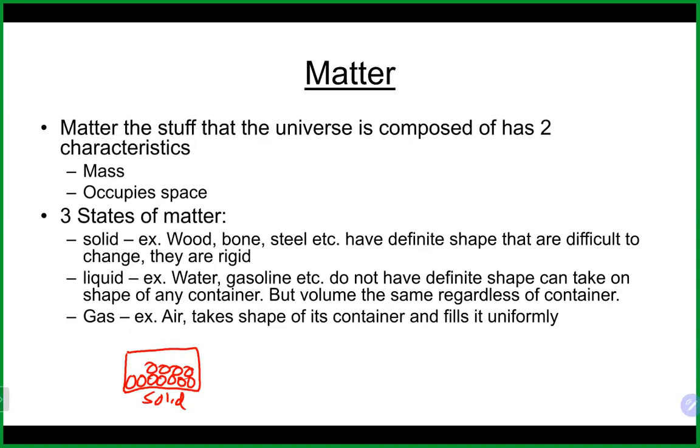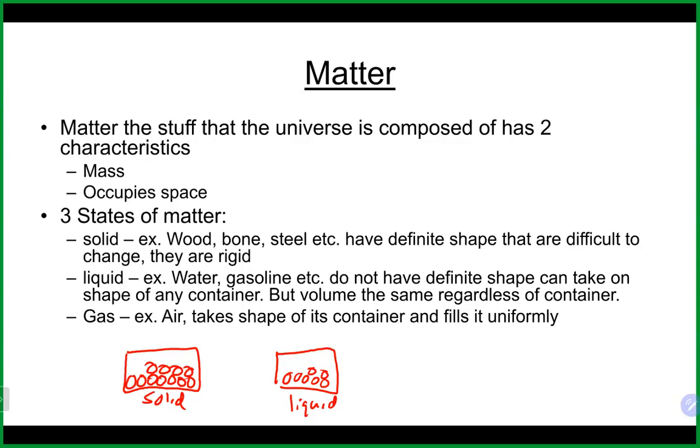Not that easy to change the shape of it. We also have the liquid state where things are still relatively tight to one another, but there's a little bit more room for movement. There's a little bit more energy, which allows those particles to pass one another. That's why when we think about liquids, they are fluids, things like water, gas.